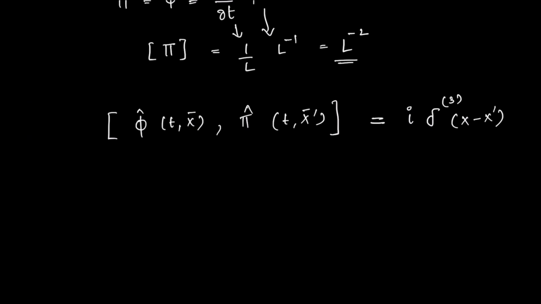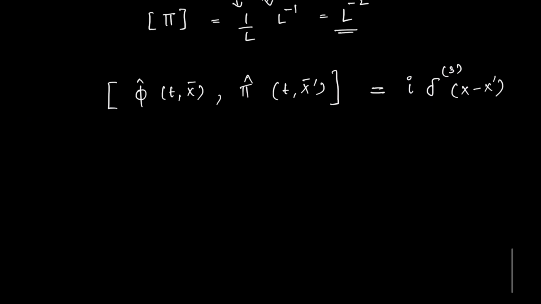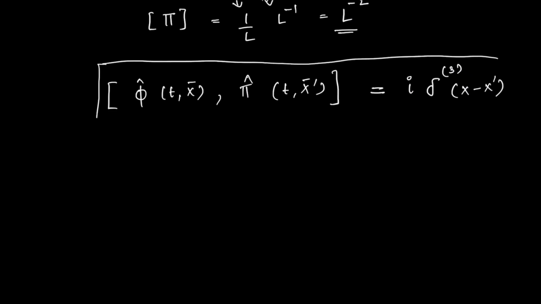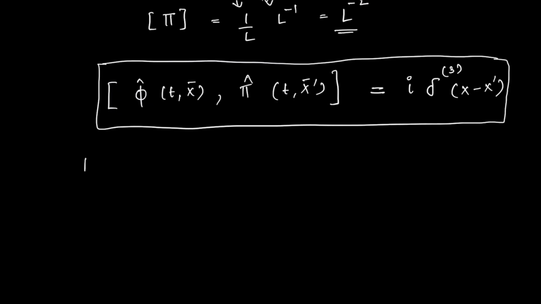Now I can directly plug the expressions for the field to find the commutation relation between A and A dagger, right? So next, what is my aim? My aim is to find the commutation relation between A and A dagger.